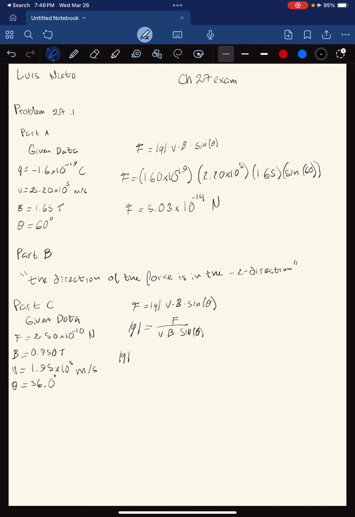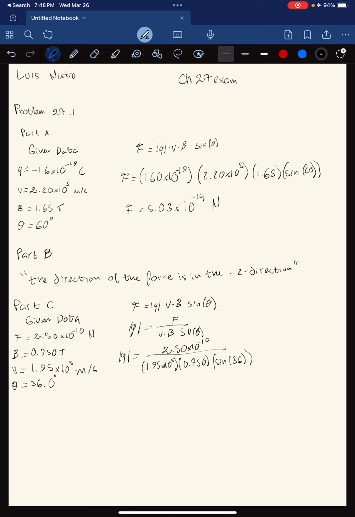So to find the absolute charge, we're going to use 2.50 times 10 to the negative 10, that's the magnetic force, over the velocity, 1.95 times 10 to the 5, multiplied by the magnetic field, 0.750 Teslas, and then the sine of 36 degrees.